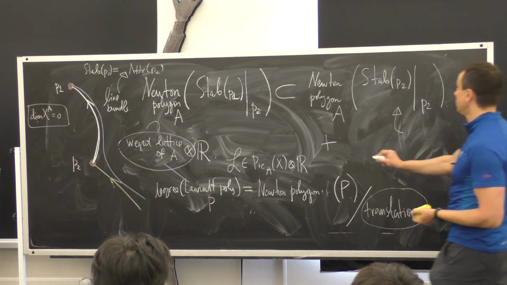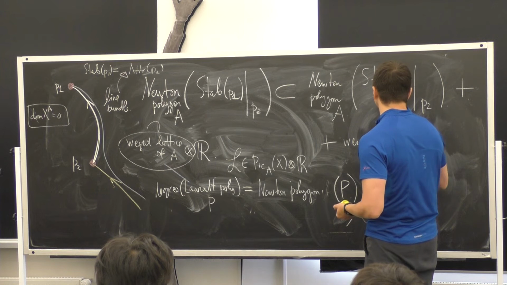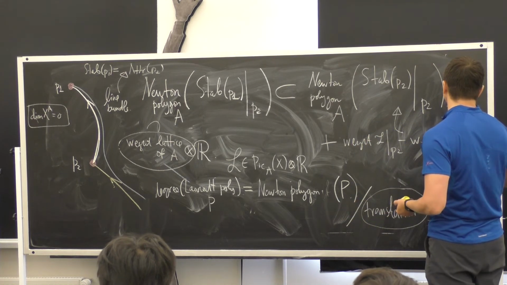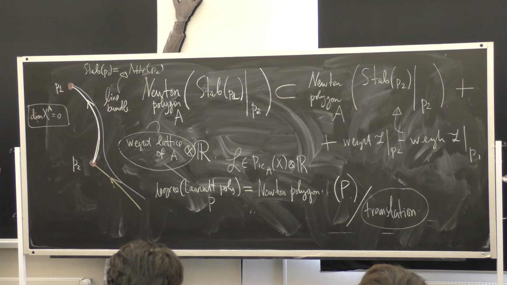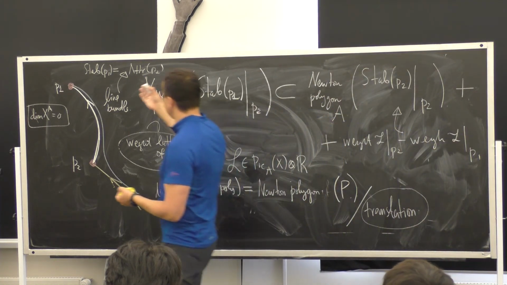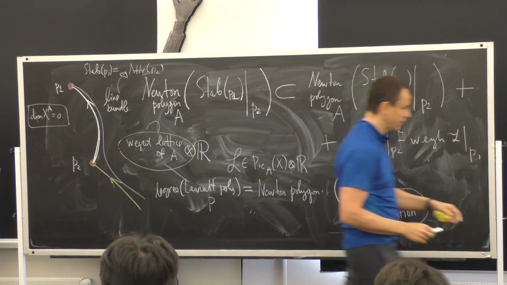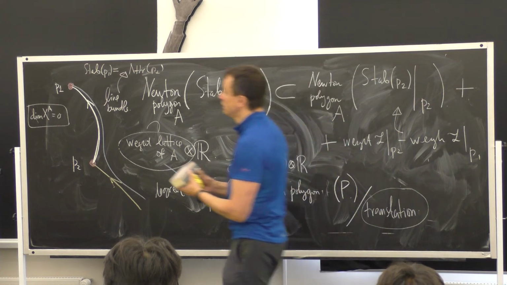And you shift it by the weight: put the weight of L at the point P2 minus the weight of L at the point P1. So you get not one choice of this stable envelope. In fact, you get a choice indexed by some arrangement here.